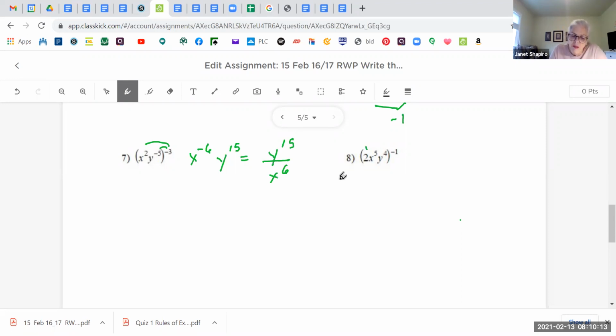And on number 8, I will remind you again, the 2 has an exponent of 1. So when we multiply powers here, we get 2 to the negative 1, x to the negative 5, y to the negative 4. They're all negative exponents, which means they all belong in the reciprocal place. So we have a 1 left on top. We have 2, x to the 5th, y to the 4th in the denominator.